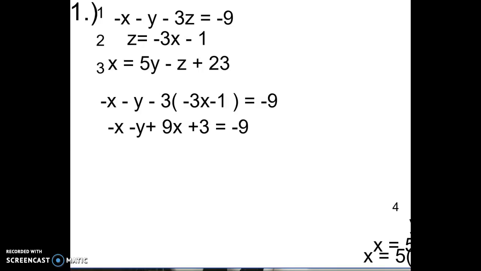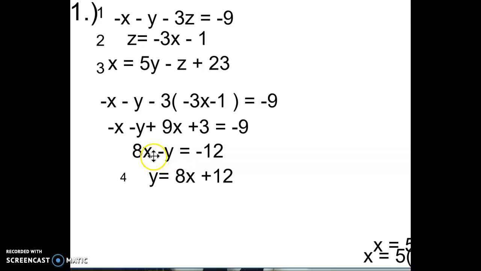Now I'm going to add my like terms, and I end up with 8x minus y equal to negative 12. I'm going to solve for y because I want to get this in terms of x. I want to get the same thing there. I'm going to get y equal to 8x plus 12.